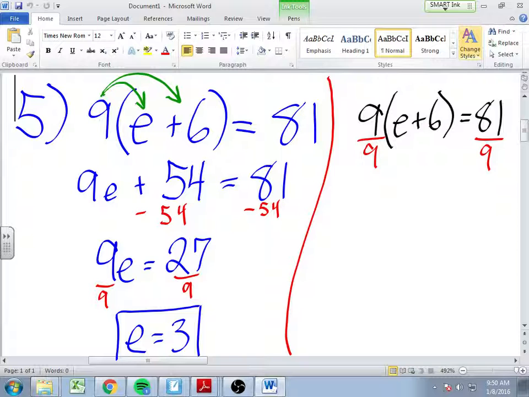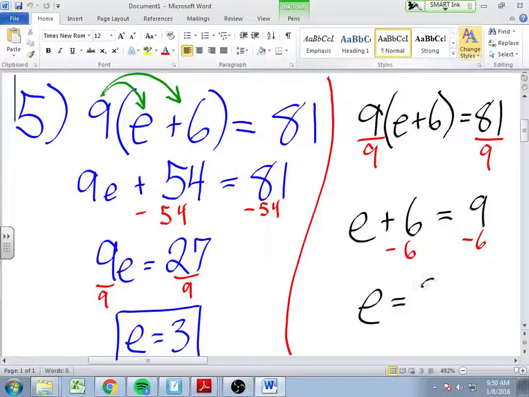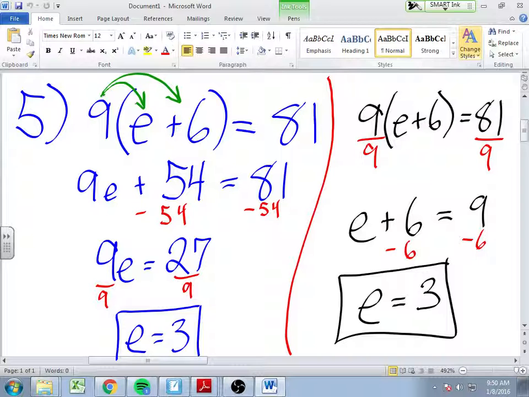When I get rid of that 9 in front, I just have e plus 6 equals 9. And now all I have to do is subtract 6 from both sides, and I get that e is 3. I really do think that this right side is an easier way to solve it.